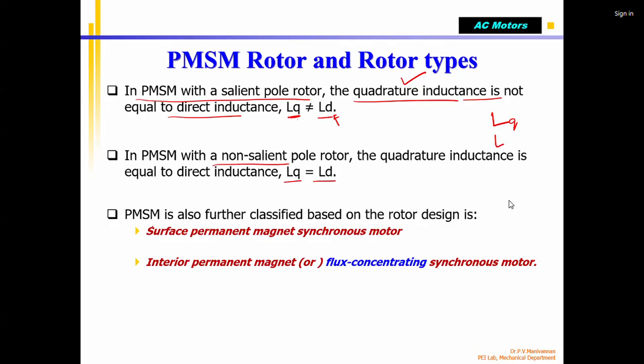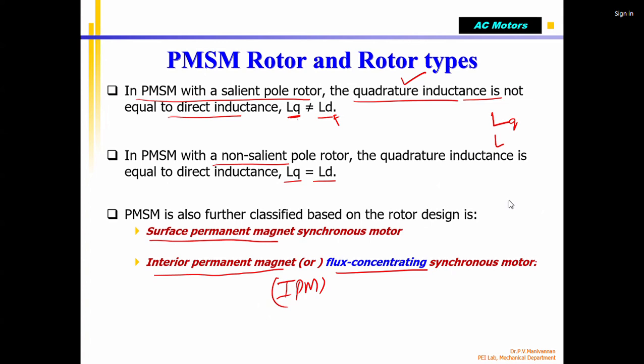The permanent magnet motor is further classified based on rotor design, whether the rotor magnets are mounted on the surface of the rotor or mounted inside the rotor. One is called the surface mounted motor, the other is the interior permanent magnet, IPM, or flux concentrating type rotor.